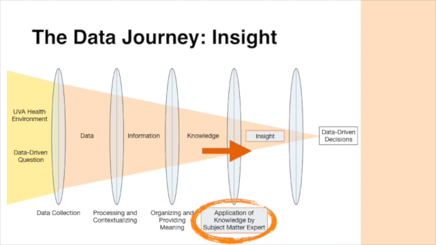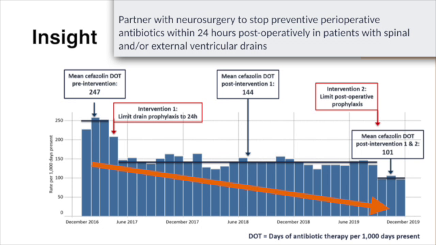The data journey. Insight. Once we have the knowledge that cefazolin, for perioperative pharmacoprophylaxis, may be increasing cases of hospital-obtained C. diff, we need to work with subject matter experts to apply our knowledge and give us insight. This is Insight.